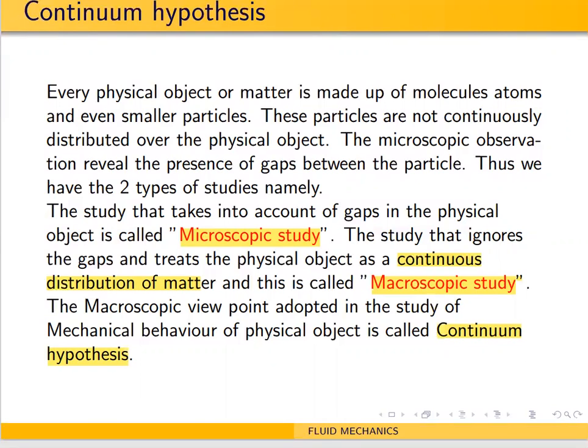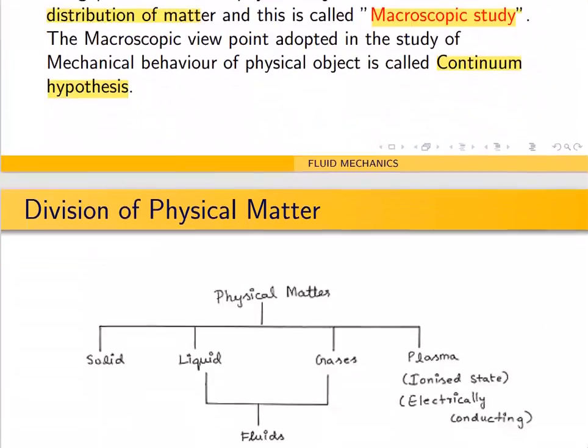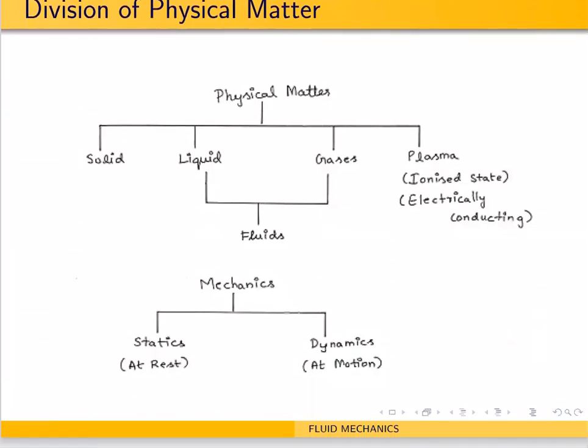Now, as we all know, division of physical matter is something like this. Physical matter can be divided into solid, liquid, gases, and plasma. Liquids and gases together are called fluids.